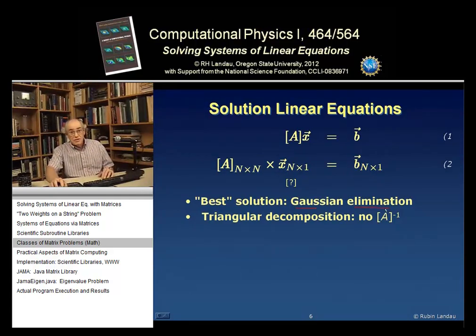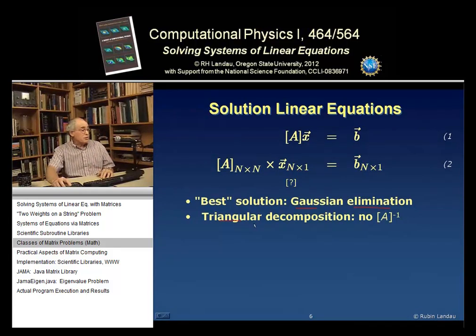Now this is essentially the same as you would do by hand if you had to solve simultaneous equations. You would just solve for one variable in terms of all the others, substitute it back in, then that one variable is gone, then you solve for the next variable, substitute it back in, eliminate that variable, etc., and you go down, each time eliminating another variable.